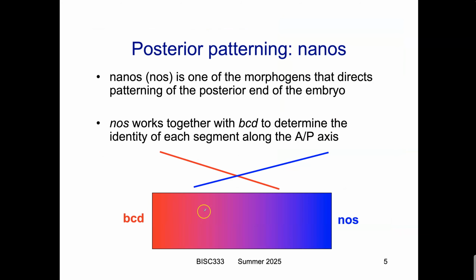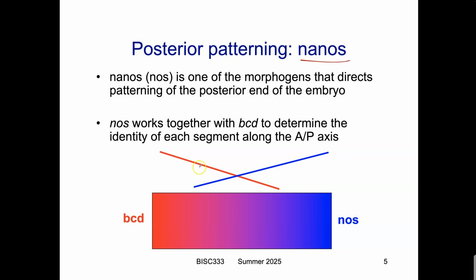And the other molecule we're going to talk about a fair bit is nanos. So nanos is the equivalent in the posterior. So it works together with bicoid. Bicoid graded from anterior to posterior, nanos from posterior to anterior.